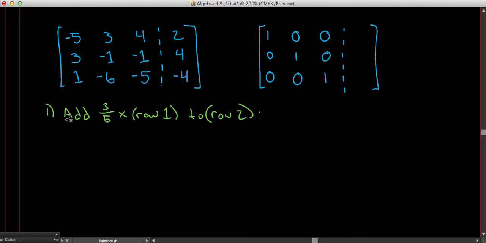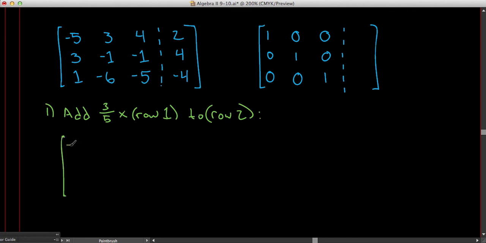Okay? And that does not actually alter the first row. All I'm doing is altering the second row. It's because I'm taking a constant times the first row and combining it with the second row. And that is one of our possible row operations.